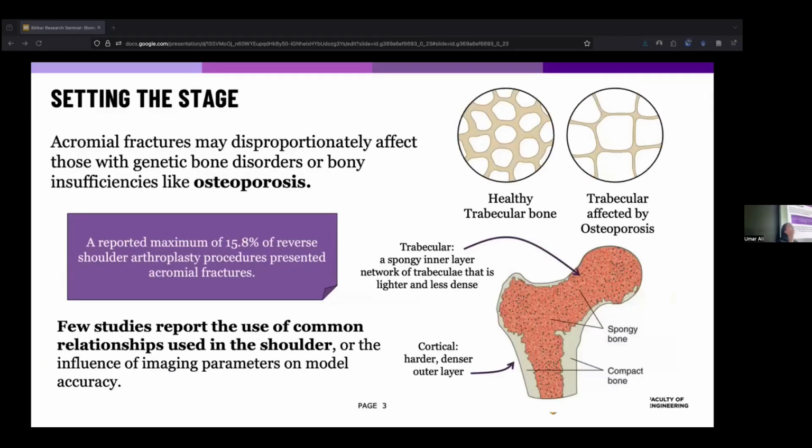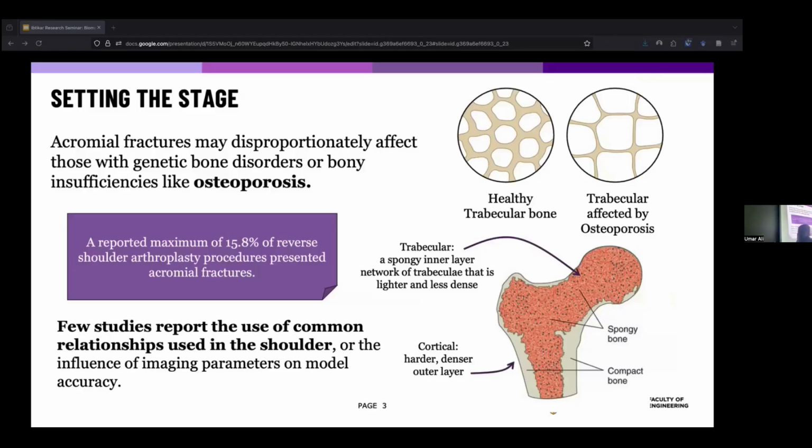As a little background, if you're not familiar with bone mechanics, the fracture that can occur in the acromion, if we expose it after the surgery, is going to affect a certain population, which is people who have osteoporosis. Before we dive into that, we need to think about the components of bone.